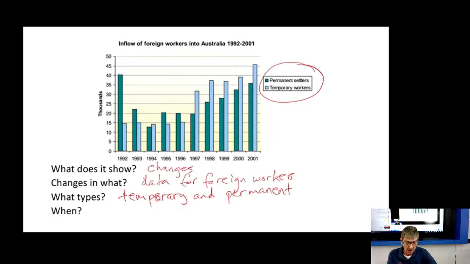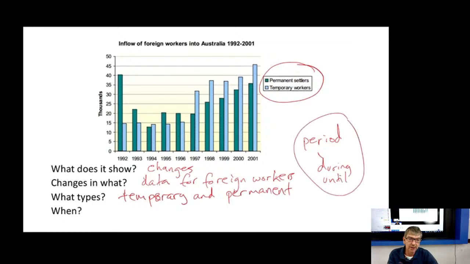Okay, so when does this change? Over what period are we talking about? Period is like a duration of time. And later we'll be using words to describe that, so like during, until. Okay, so just a period of time which we can help to simplify the explanation of the graph. Okay, so when is this happening?